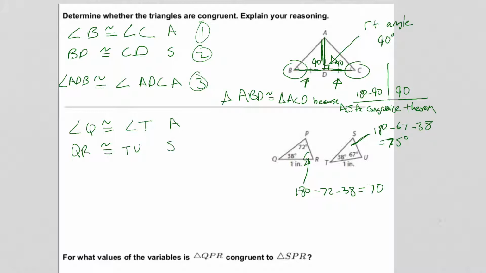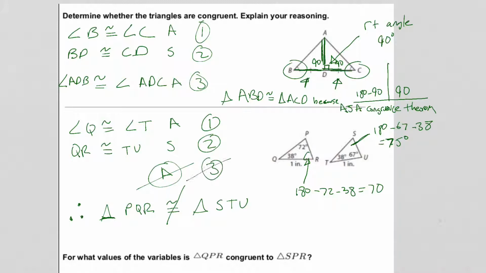So we have an angle, a side, but we do not have the third angle. Therefore, triangle PQR is not congruent to triangle STU. Right? Condition 1's met, condition 2's met, condition 3 not met.